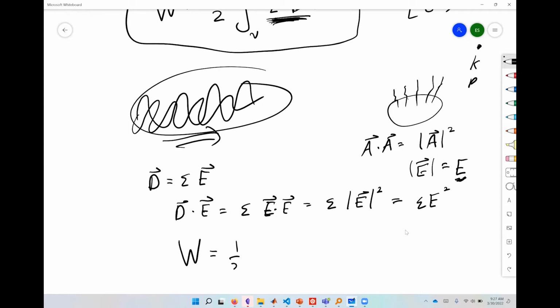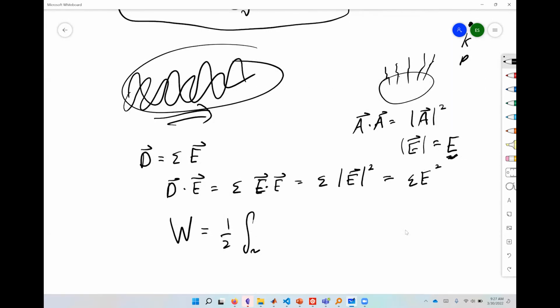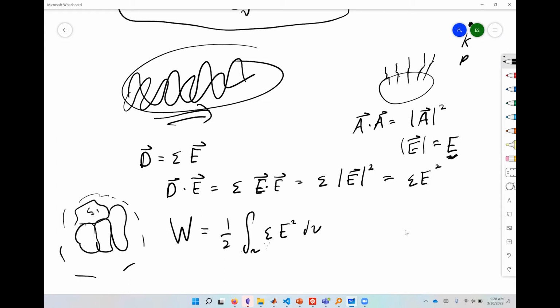So W equals half rho V, so I'm just getting rid of the vectorial form. This becomes half epsilon E squared dV. I choose to keep the epsilon under the integral. Someone might argue, why don't you take the epsilon out? The epsilon doesn't necessarily have to be constant, because the epsilon depends on the medium. So in space, you might have different mediums with different epsilons: epsilon 1, epsilon 2, epsilon 3, epsilon 4.